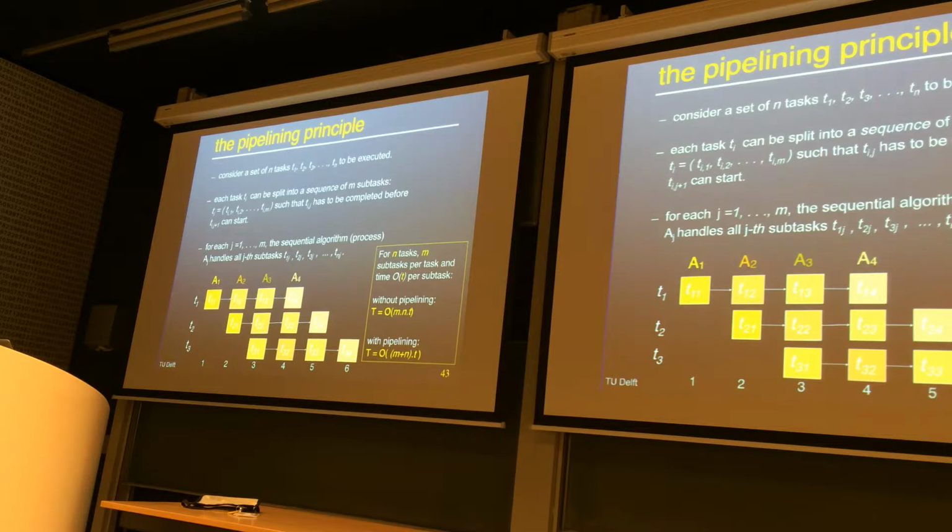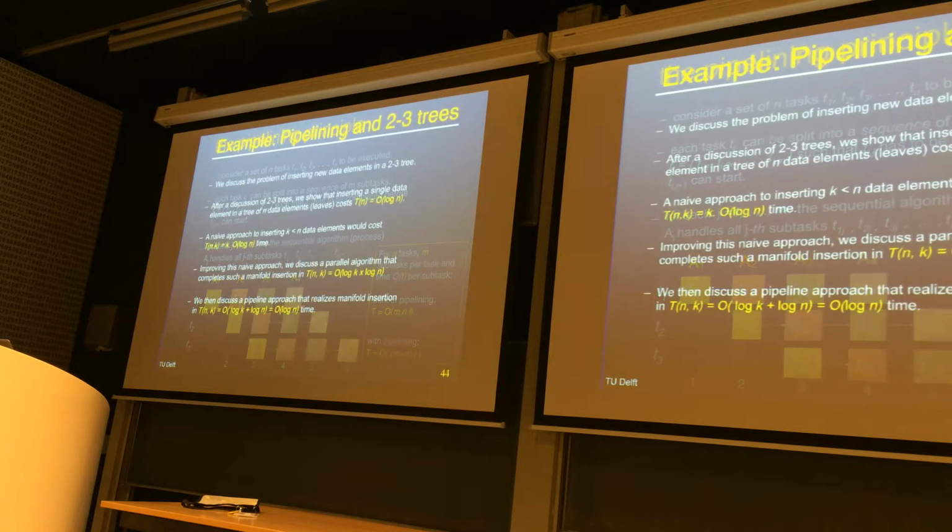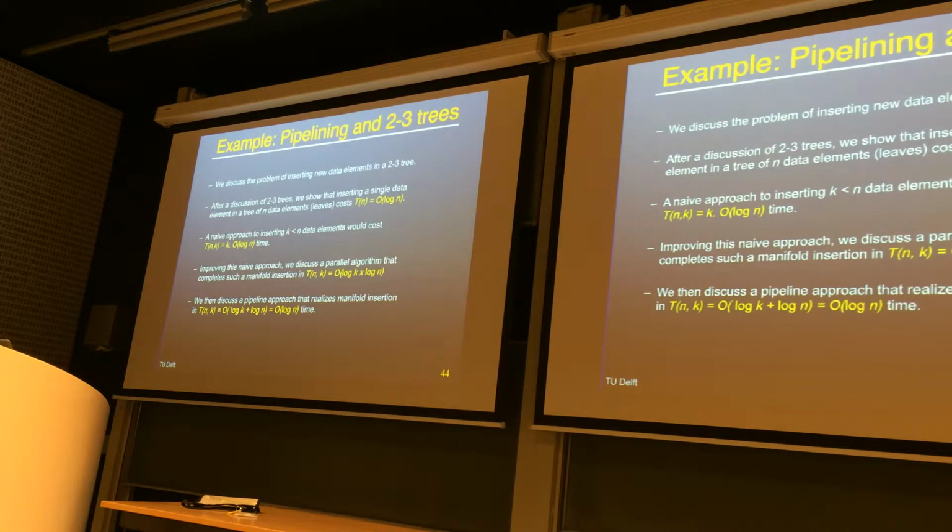So that idea we would like to apply also in parallel processing on data structures. And well, maybe some of you already are acquainted with it, but we will simply give a very brief rehearsal of a data structure called 2-3 trees. 2-3 trees are very popular in storing information and in searching for information.